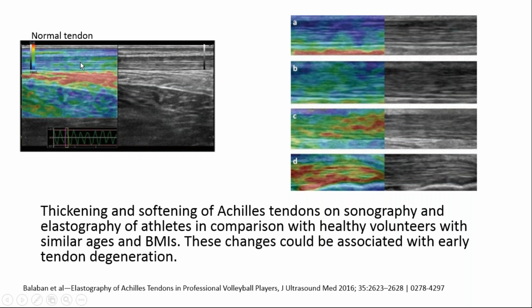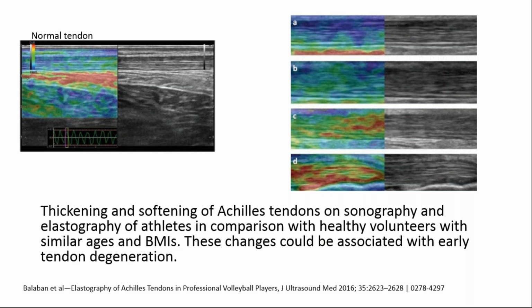Now there's a study done, and they did an elastography study on two groups of subjects. One is healthy volunteers and the other is people with Achilles tendinosis, and both groups were of similar age and BMIs.